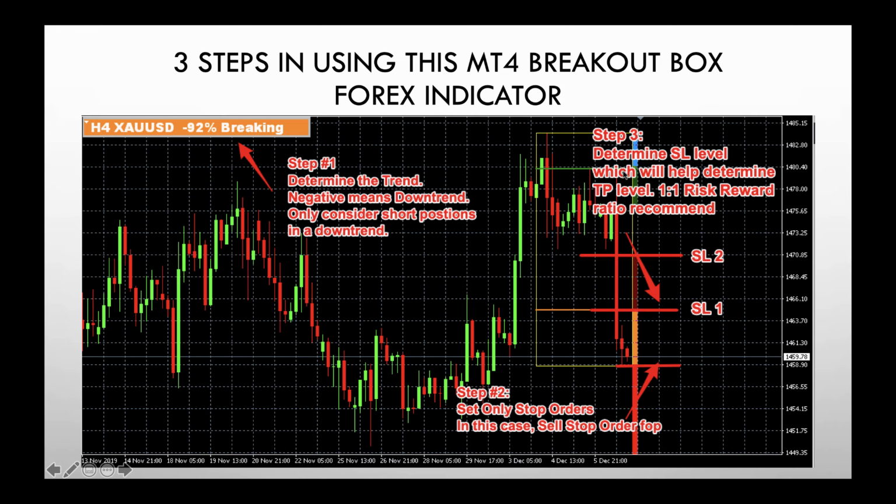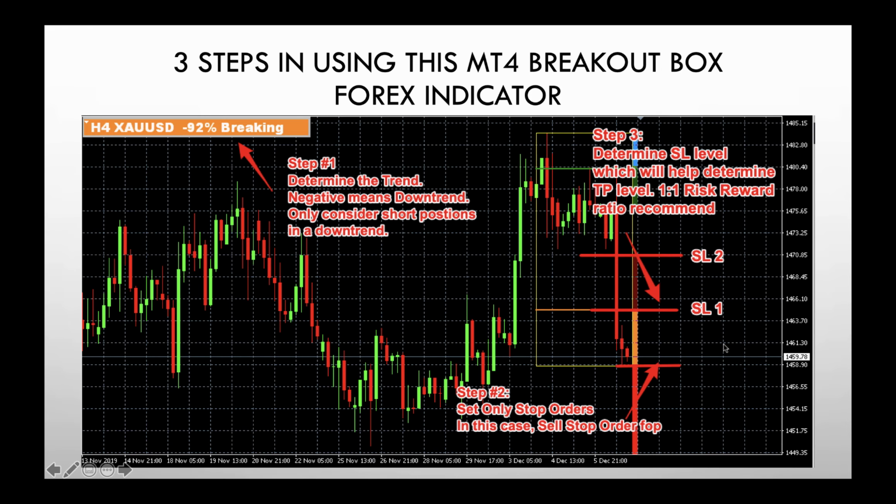And step three is to determine the stop loss level. Here you can look at the color codes. One is stop loss level 1, and another one, the brown code, is stop loss level 2. If you decide to choose stop loss level 2, then you should also apply the take profit as the same range here.